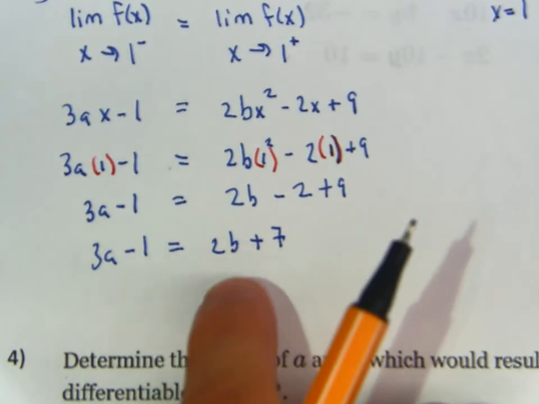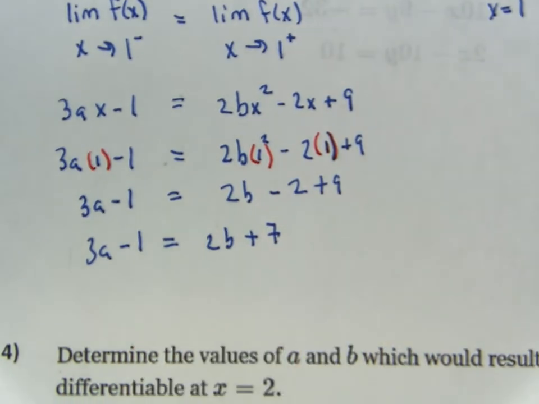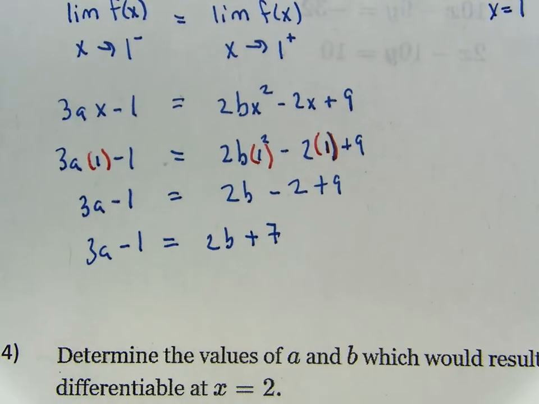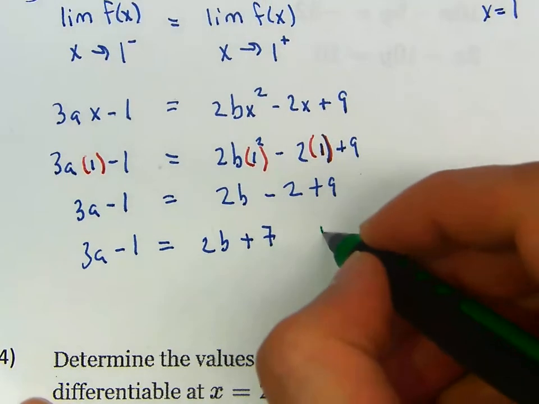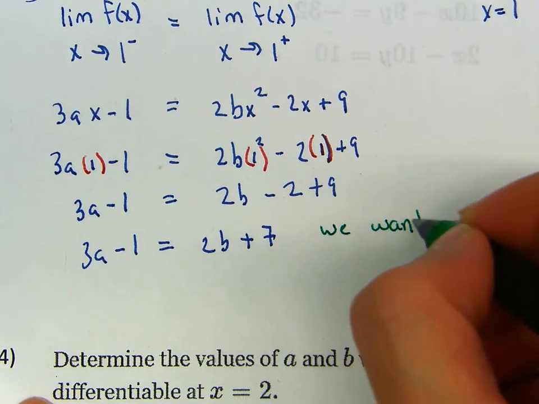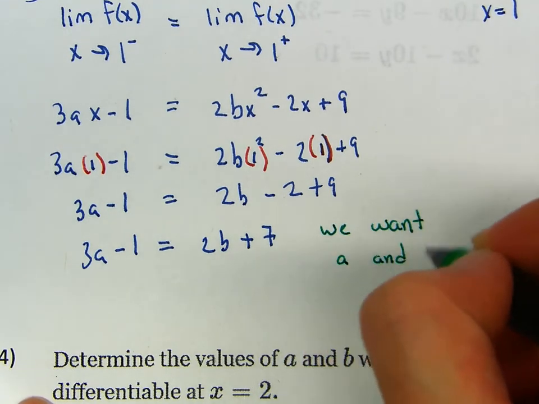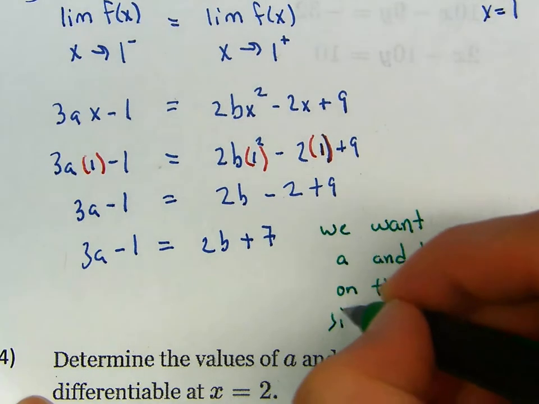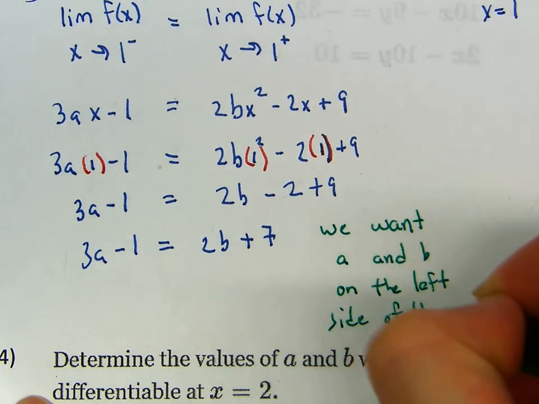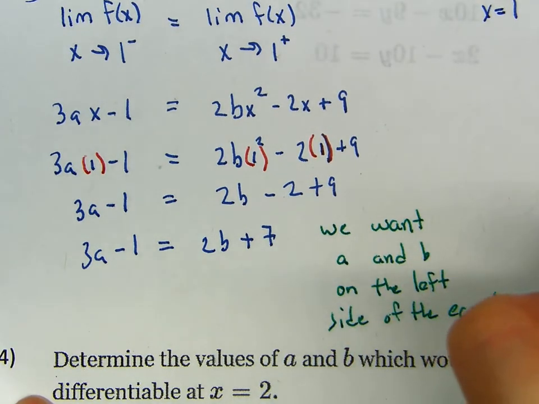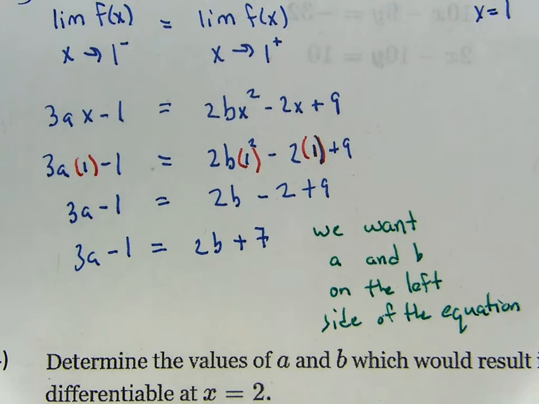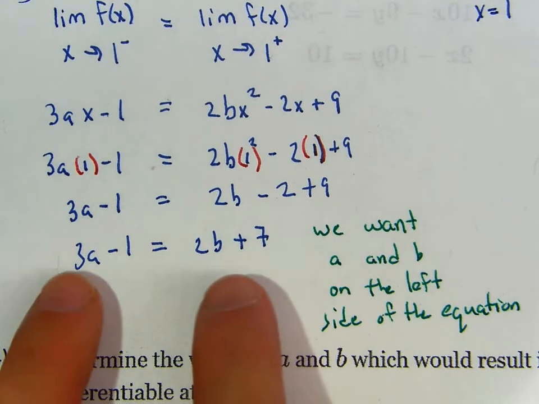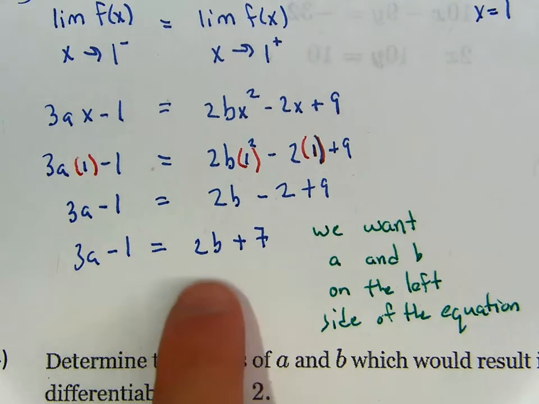So now here, once we get to this position where we just have a and b, we want a and b on the left side of the equation. So why do we want this? I'll explain very soon, okay? Let's just get a and b on the left side of the equation.